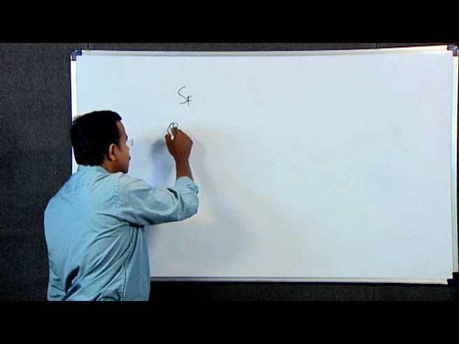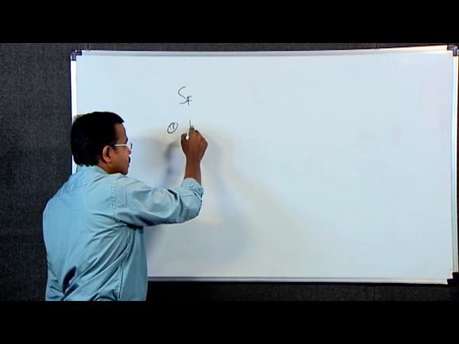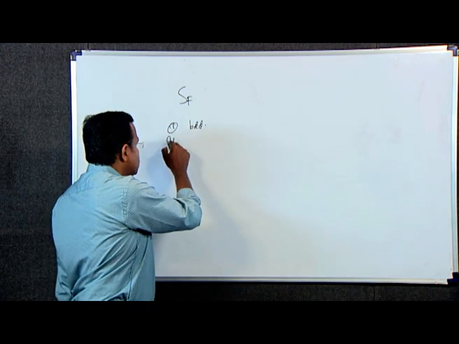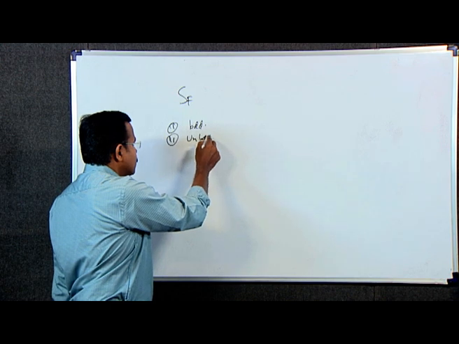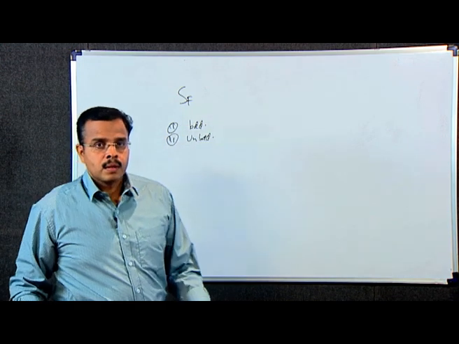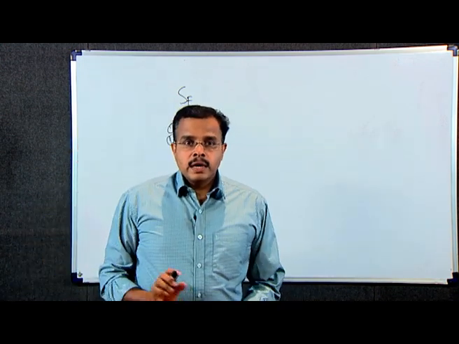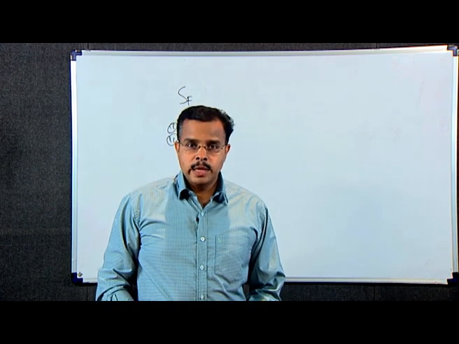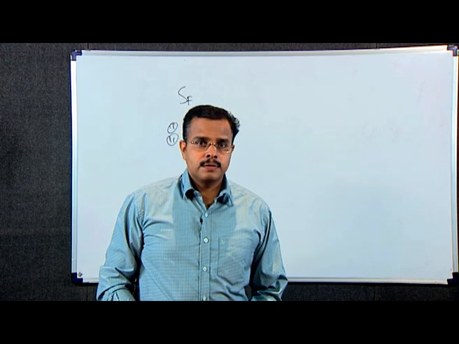Number 1, SF is bounded. Number 2, SF is unbounded. We are considering only the case where SF is bounded, to prove f of x is minimum at a vertex of SF.